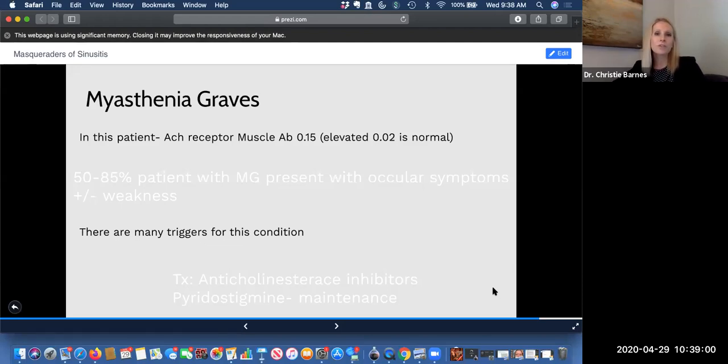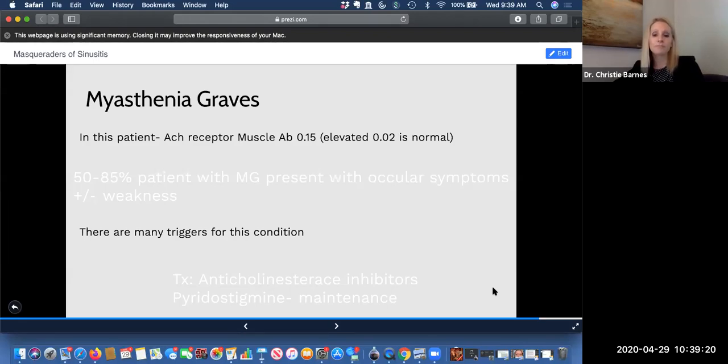Know that there may be triggers for this condition, and for him, the trigger was actually illness and stress. So he was kind of stressed out about this probably the second time, which is what triggered that. His sinus disease is likely a trigger for this to worsen for him. Also know prednisone can worsen symptoms.